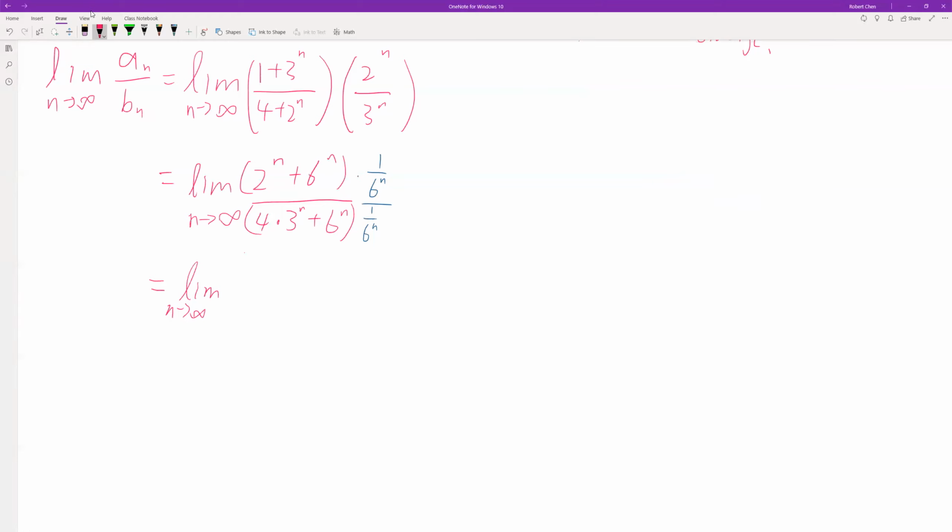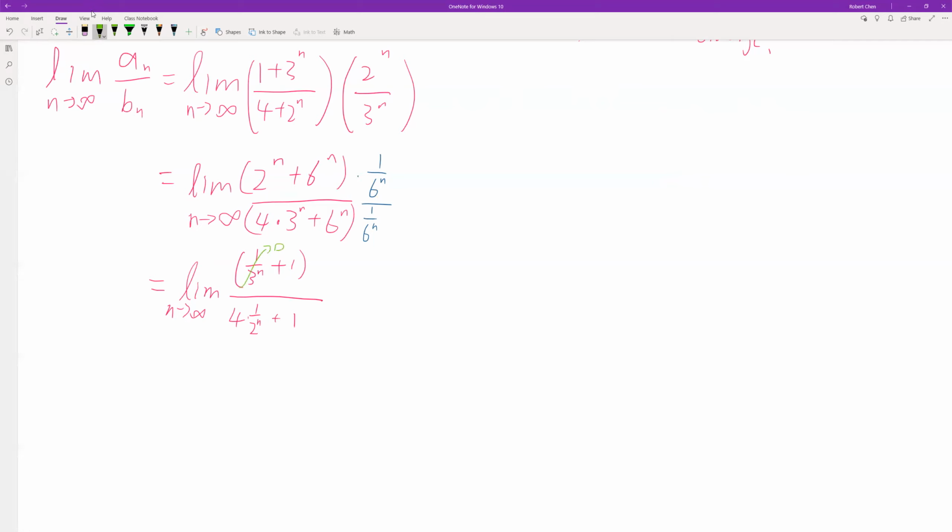First, that will be 1 over 3 to the n plus 1 over 4 times 1 over 2 to the n plus 1 over 6 to the n. In the numerator, 6 to the n multiplied by 1 over 6 to the n is a 1. So when n approaches infinity, the 1 over 3 to the n is going to go to 0.